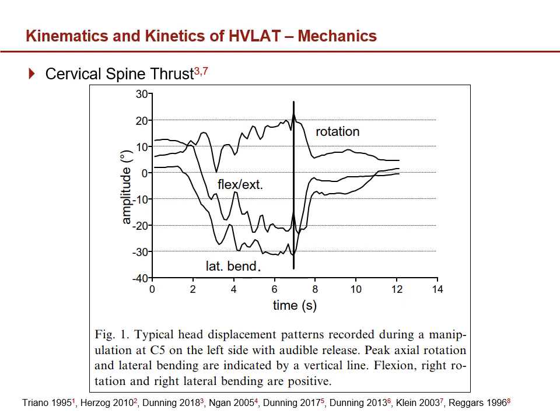So this is a typical head displacement pattern recorded during a manipulation at C5 on the left side with an audible release. The peak axial rotation and lateral side bend are indicated by that black line that you see, and you'll notice that they are inverse to one another. And then the flexion, right rotation, and right lateral side bend are positive. So I know it doesn't seem as though they're positive just because they show negative values or amplitudes here by the degrees.